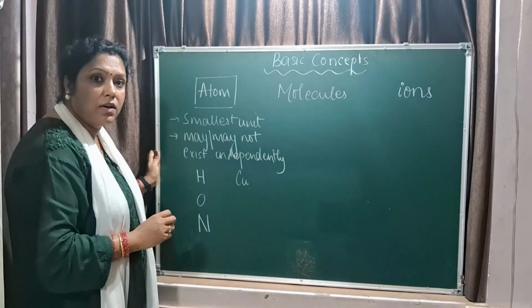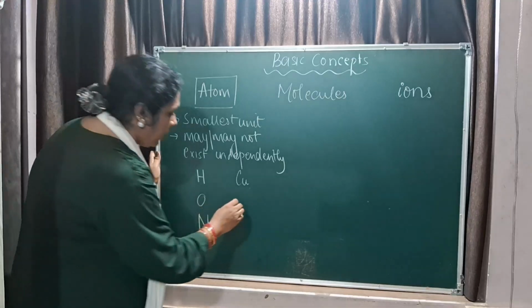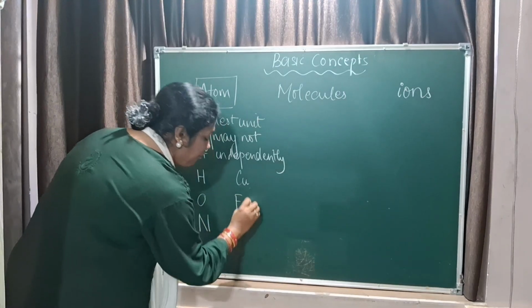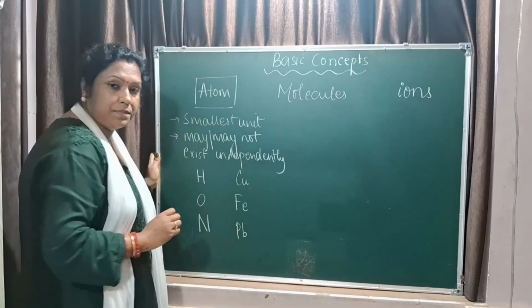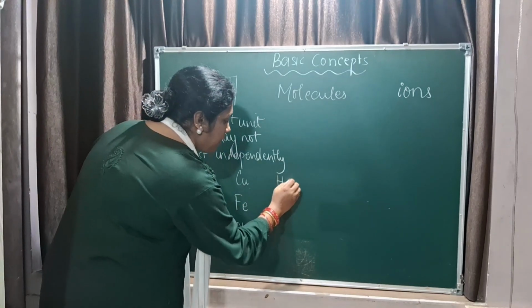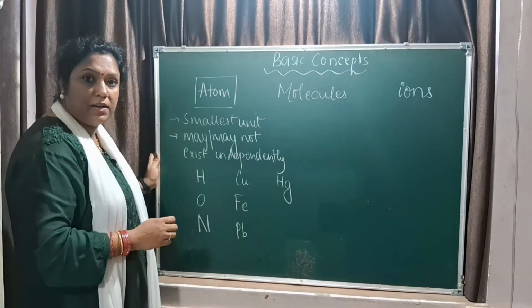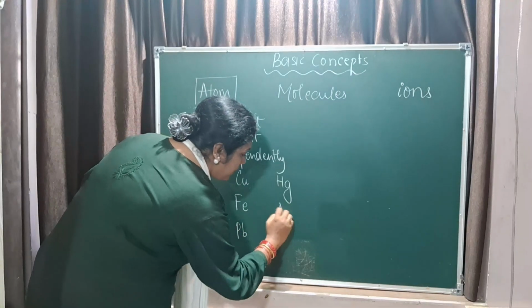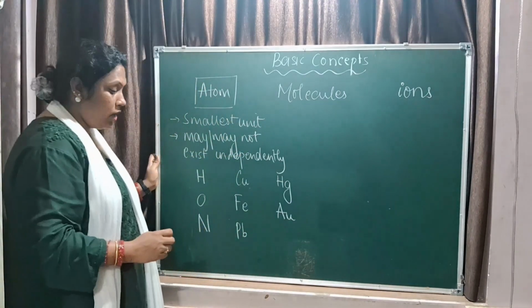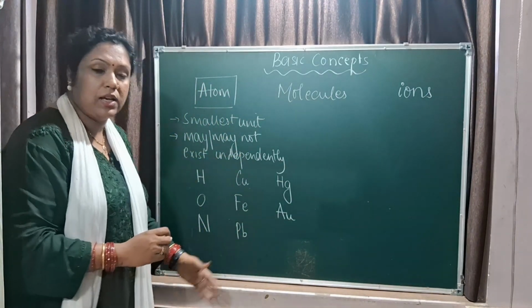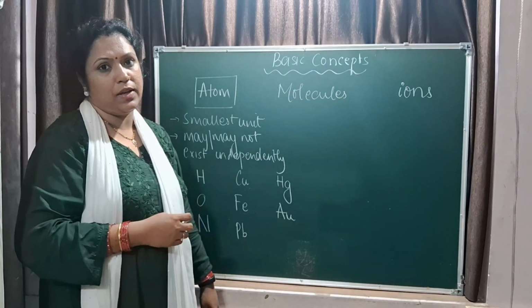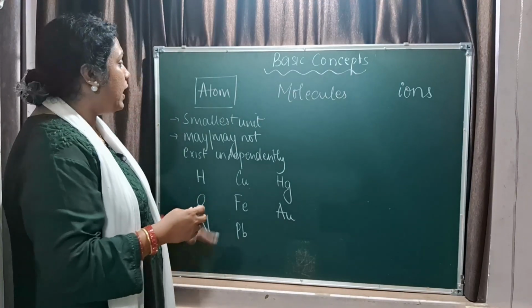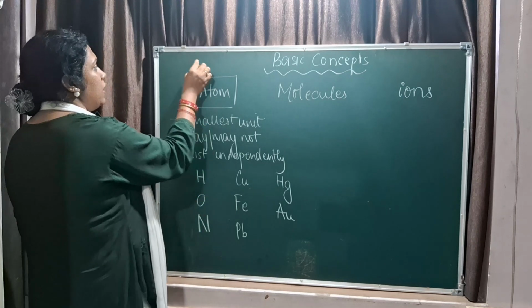Cu is for copper, cuprum, Fe iron, ferrum, Pb lead, plumbum, Hg mercury, hydrargyrum, Au, aurum, that is gold, right? So we have different ways in which we write the symbols, and these all represent the atom of an element. Is that clear? Atoms are electrically neutral.